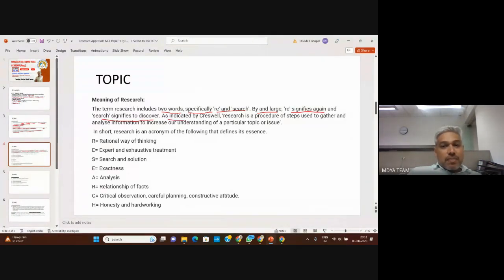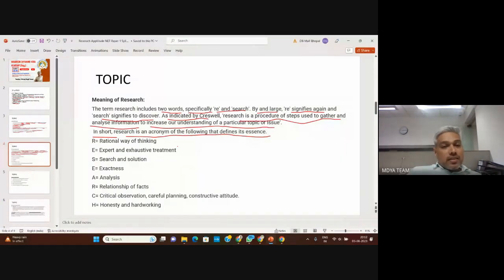As indicated by Creswell, research is a procedure of steps used to gather and analyze information to increase our understanding of a particular topic or issue. Right? In short, research is an acronym of the following that defines its essence.